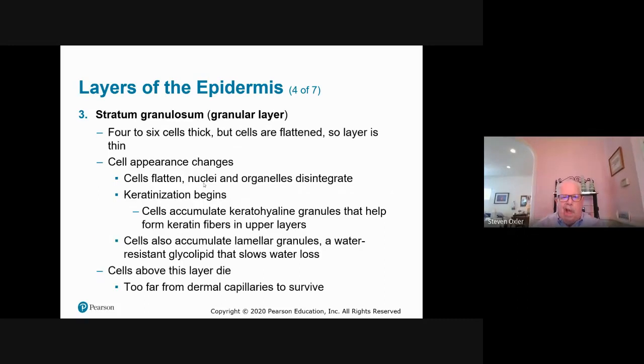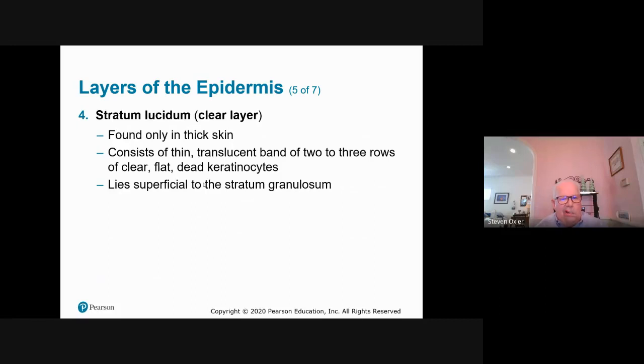The stratum granulosum, or the granular layer, is where the keratinocytes begin to accumulate and make the protein keratin. So this is a very important layer. This is the protein that protects your skin. The 4th layer, and only in thick skin, is the stratum lucidum. The word lucidum in Latin means clear.